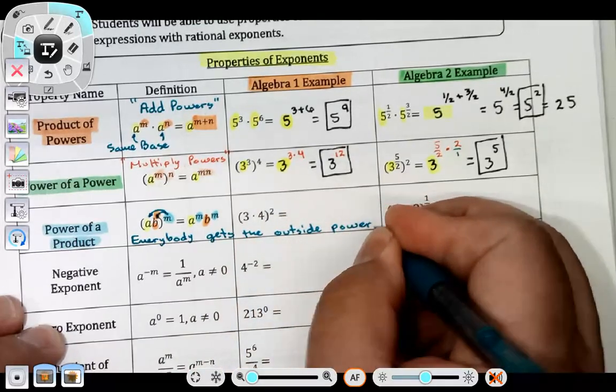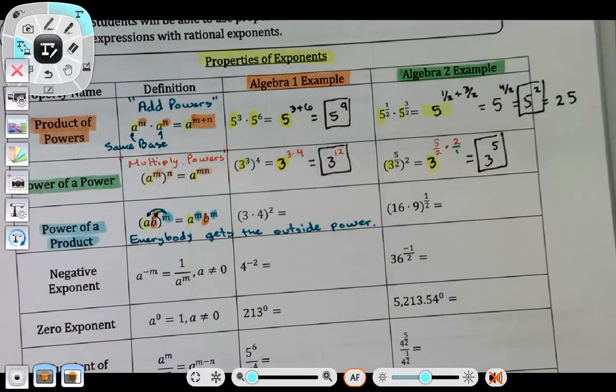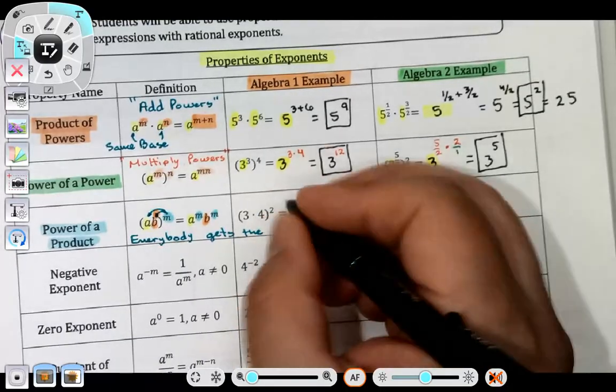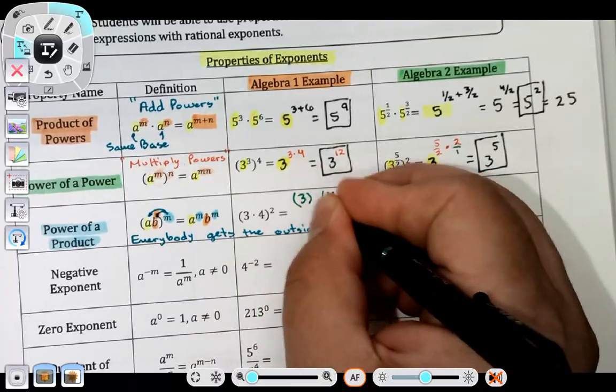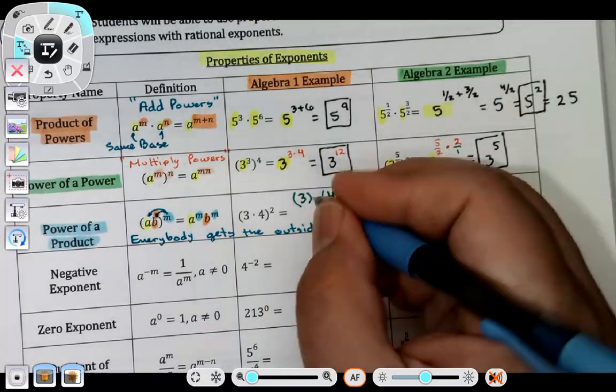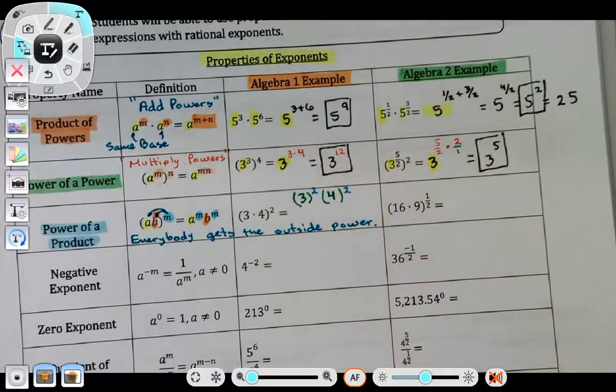Now, according to order of operations, I should be multiplying the 3 and the 4. We should be doing that first. But just to show you the step, this idea that we just talked about, technically I'm supposed to write the 3, I'm supposed to write the 4, and then each one is supposed to get their own power of 2, if I'm applying this rule.